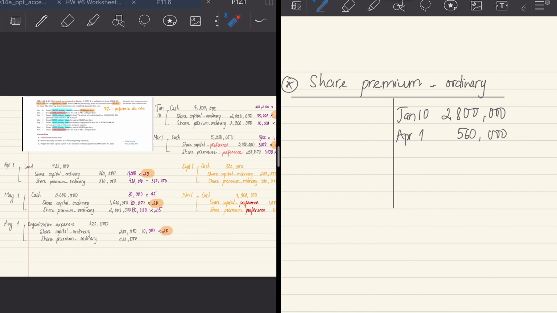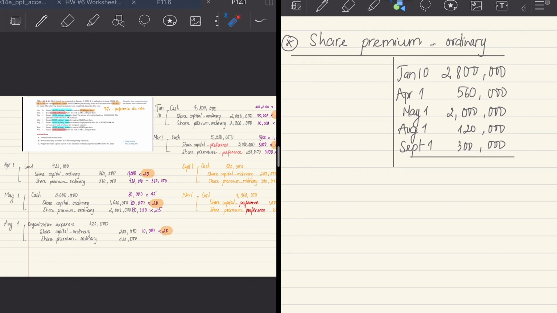And then is May 1st, 2 million. August 1st, 120,000. September 1st, 300,000. Okay, let's see, did I count wrong? 1, 2, 3, 4, 5. Okay, enough. Here the balance would be 5,780,000.